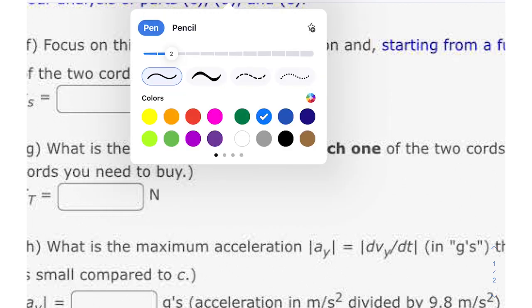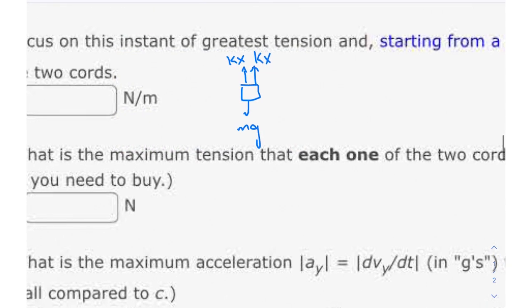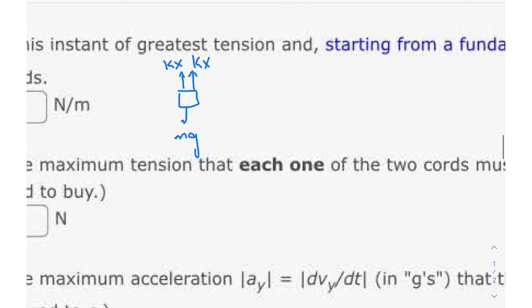And so let's see if we can color code this a little bit. Basically, what's going to happen here is that our net force at any given point in time is going to equal the difference.